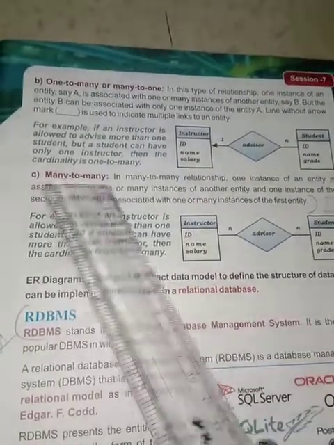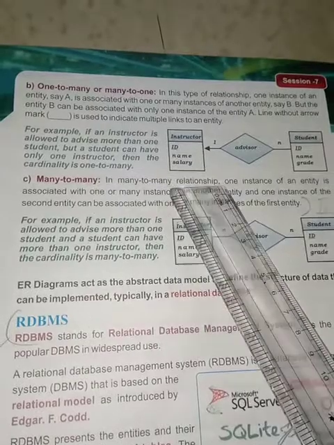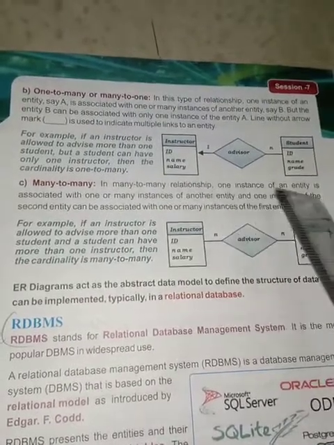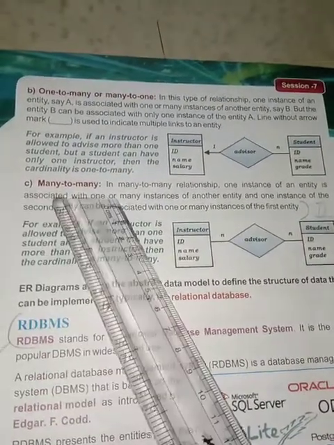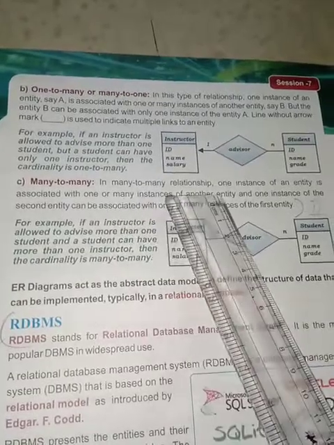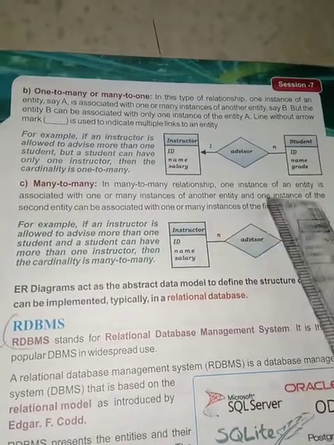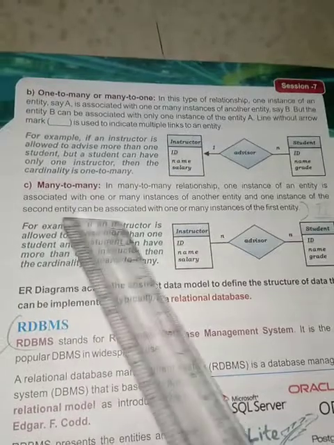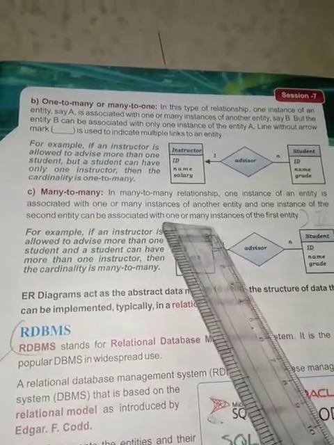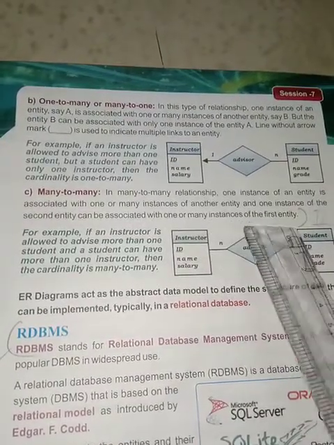Next, many to many. In many to many relationship, one instance of an entity is associated with one or more instances of another entity, and one instance of the second entity can be associated with one or more instances of the first entity.